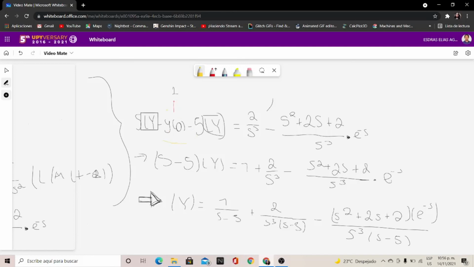So this is 1, and we move it to the other side: 1 plus 2 over s cubed minus this part.